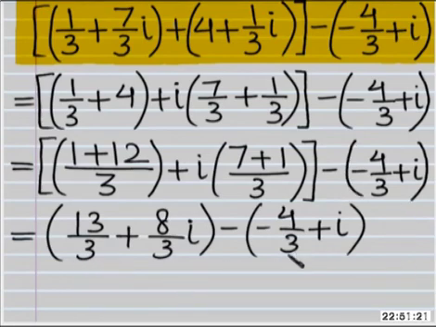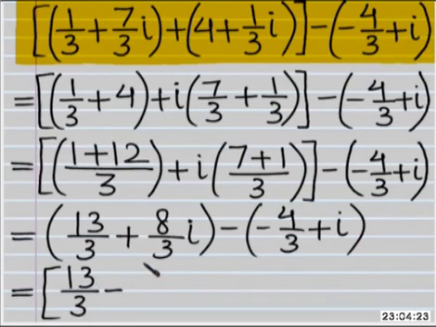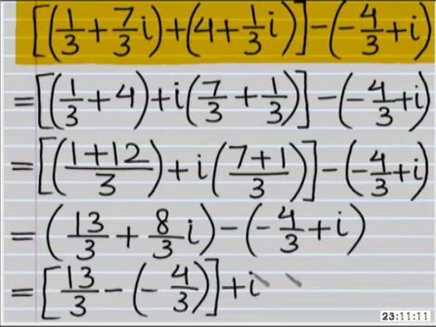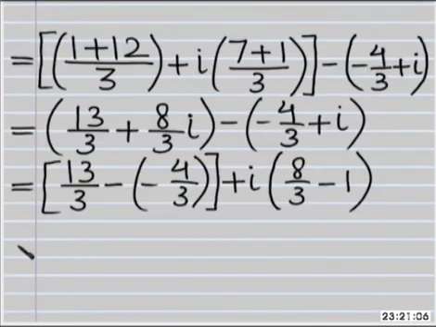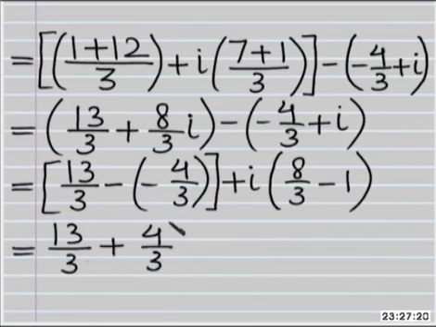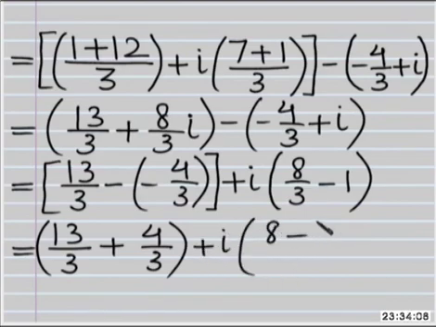Again, on combining the real and imaginary parts and then solving it, we get 13 upon 3 minus 4 upon 3 plus iota whole multiplied by 8 upon 3 minus 1, which is equal to 13 upon 3 plus 4 upon 3 plus iota whole multiplied by 8 minus 3 whole divided by 3.